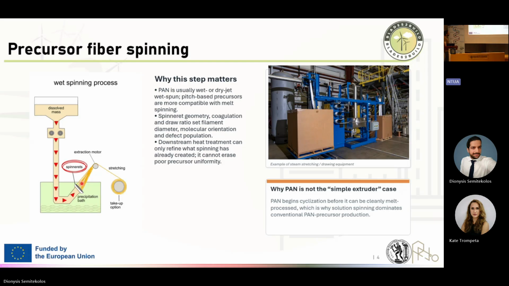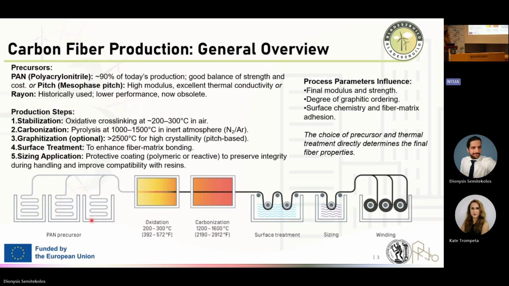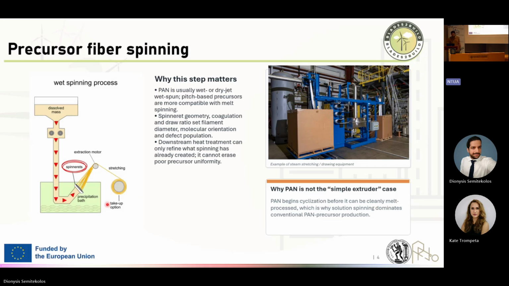This is called a spinner as well. This is the process that is used in the industry to make polyacrylonitrile pellets or powder into fibrous format. So this is how we get this kind of material, the precursor of carbon fibers. And this is how an industrial pilot looks like for spinning polyacrylonitrile.